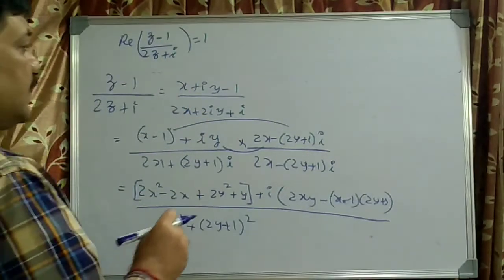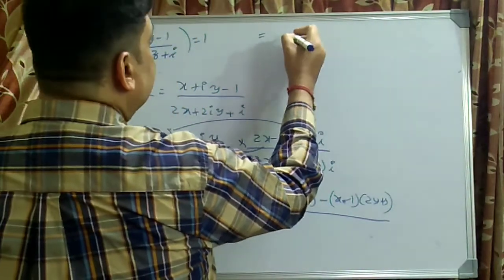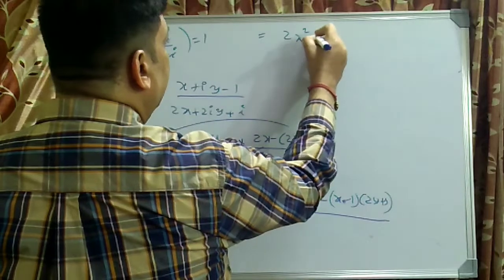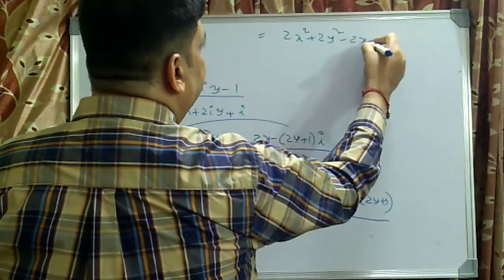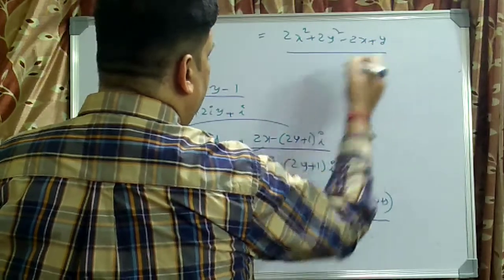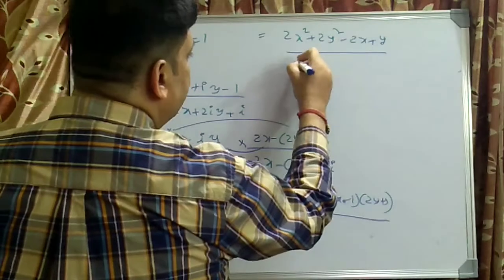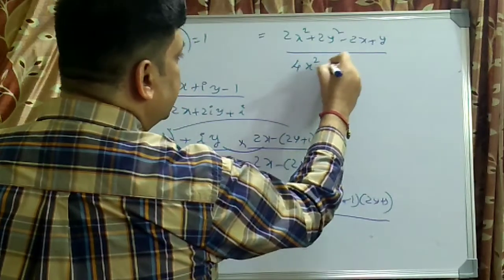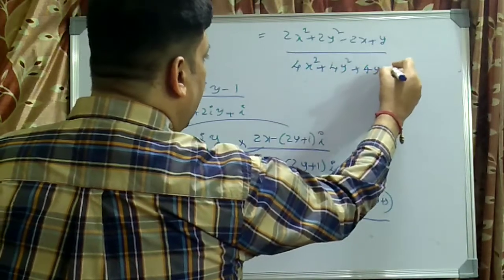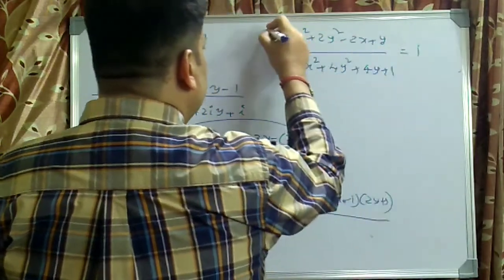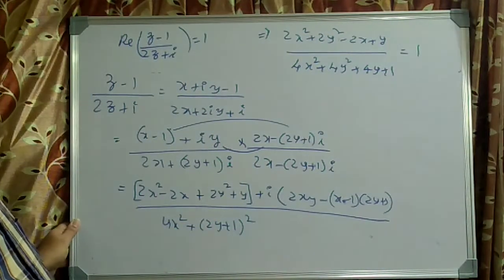So let us expand this. So what I have here is now 2x square plus 2y square minus 2x plus y, divided by, I have the denominator also for the real part, that is 4x square plus 4y square plus 4y plus 1, is equal to 1. This is the real part.